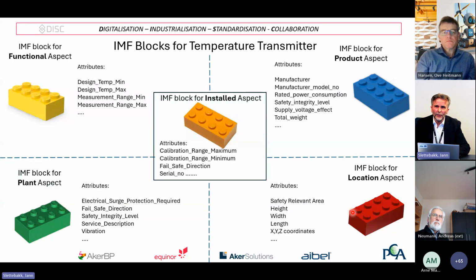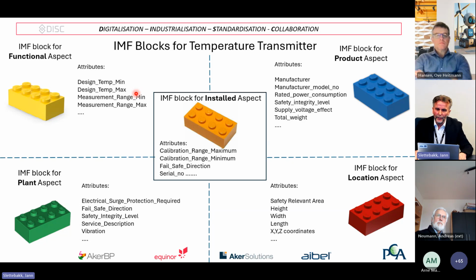This is also illustrated, in this context, with Lego blocks. So maybe you can think of parts of the IMF types as Lego blocks. Covering the functional aspect with its attributes, following the product aspect with its attributes, and some attributes for the location aspect of an object.